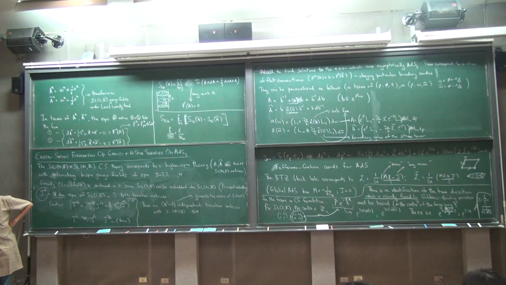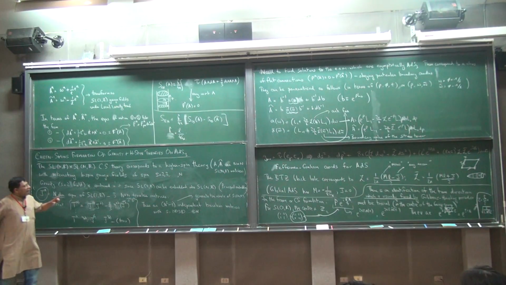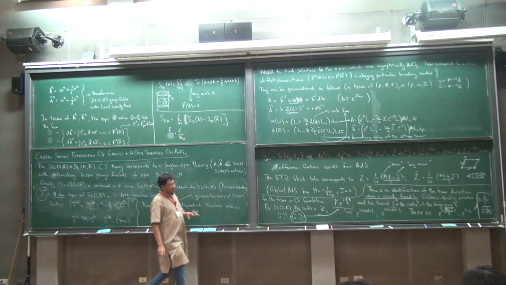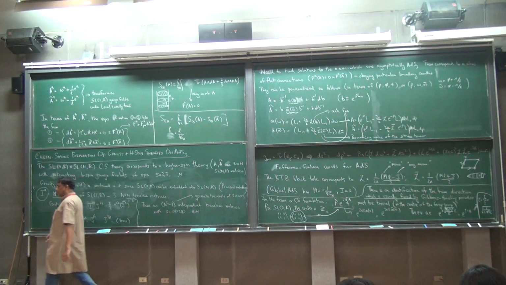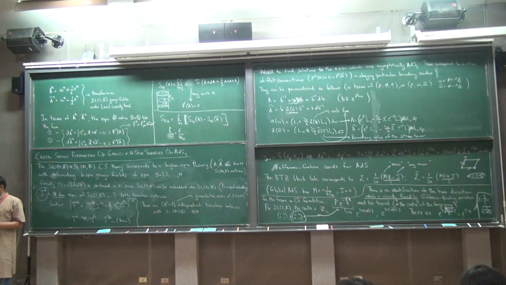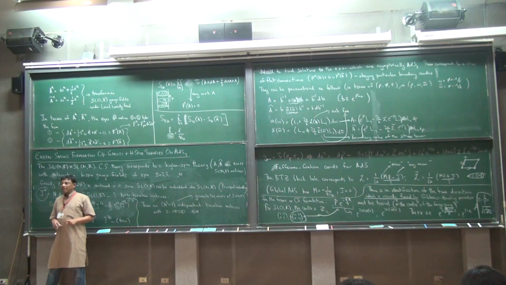No, because from the gravity point of view, the allowed transformation is the local Lorentz, which is just one copy of SO(2,1). So I don't understand why from the gauge theory point of view there are two different. No, actually, I didn't go into that in detail, but when you go to the frame formulation, you actually double the gauge transformations, because there are the local Lorentz transformations and the diffeomorphisms, both.